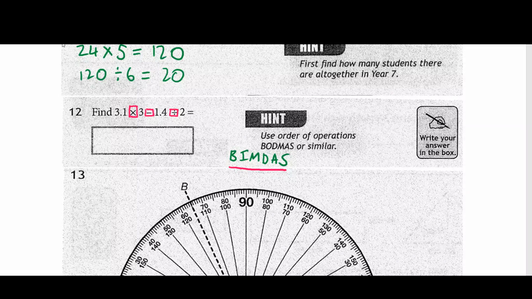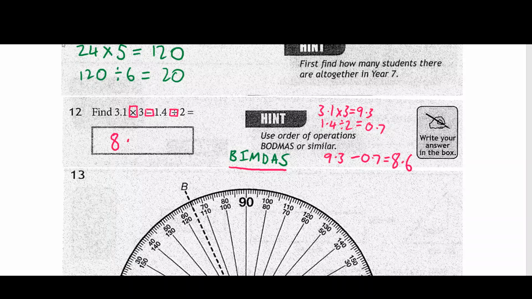So what you're going to do first, this is if you didn't have your calculator, you do 3.1 times 3, which gives you 9.3. Then you would do 1.4 divided by 2, which is 0.7, and then you could go 9.3 take 0.7 gives 8.6.